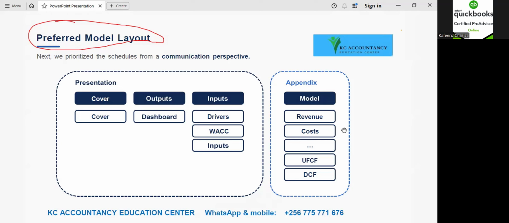So we have walked through the model design process, starting from the outputs and back solving all the way through the inputs.